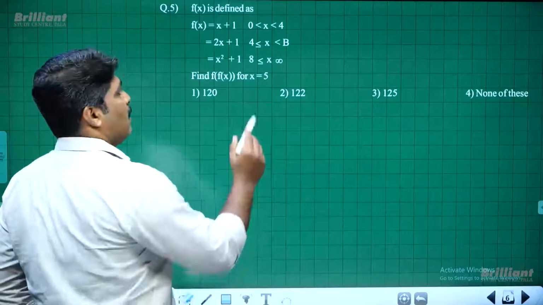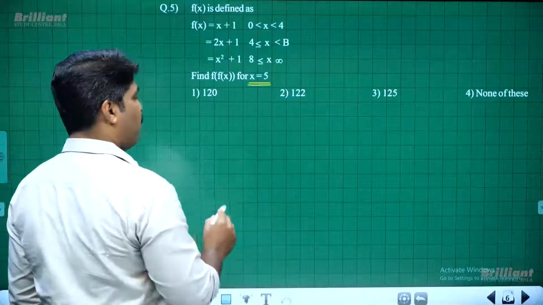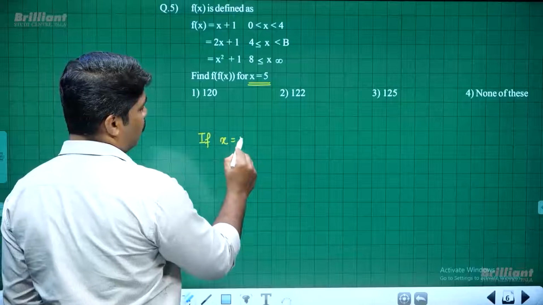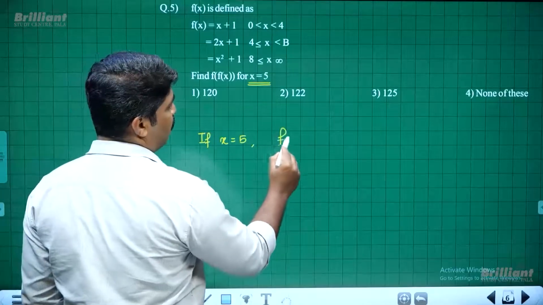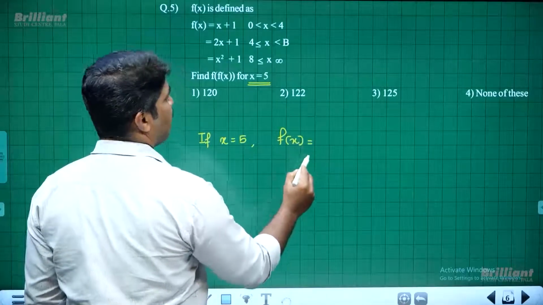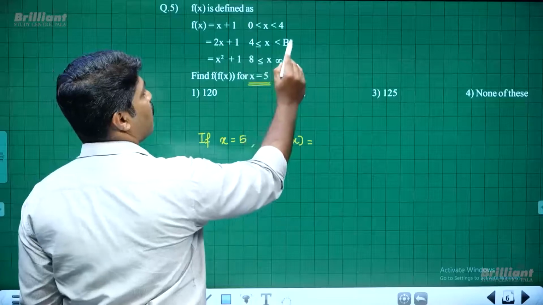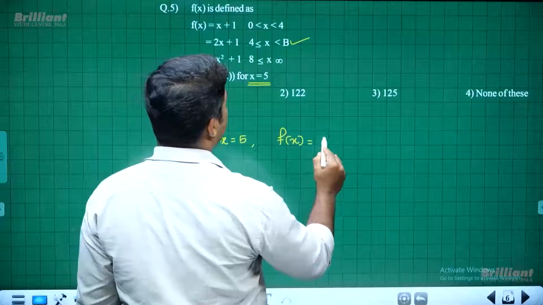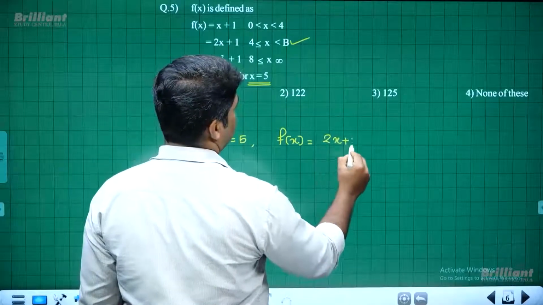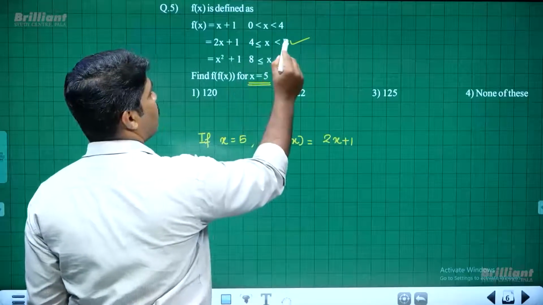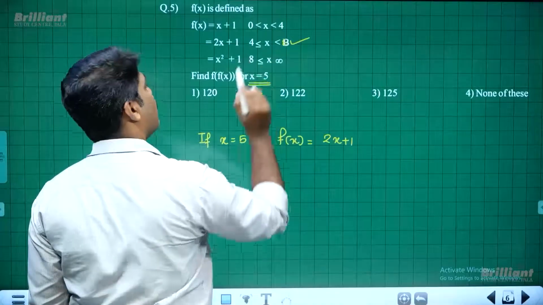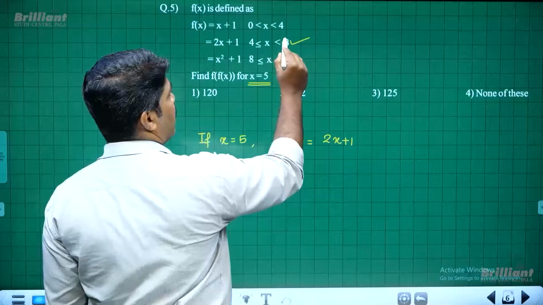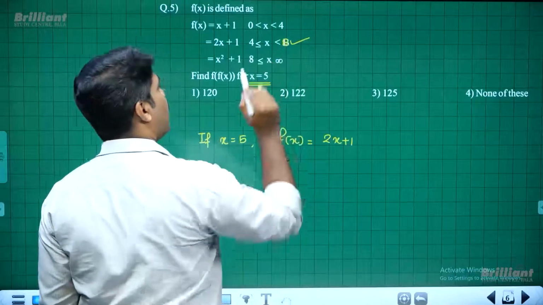First of all, if x equals 5, what is f of x? If x equals 5, this is the range, right? Therefore, f of x equals 2x plus 1. This is in between 4 and 8 here. So x should be lying in between 4 and 8.